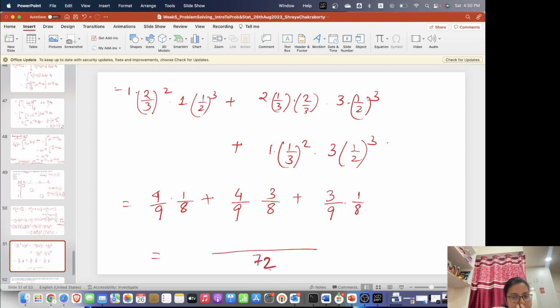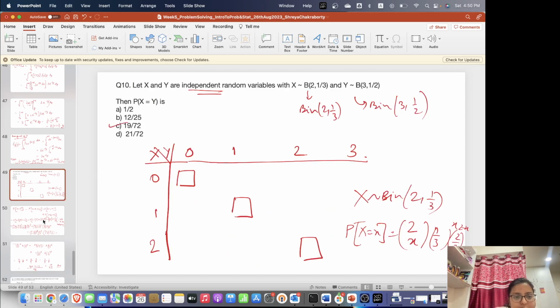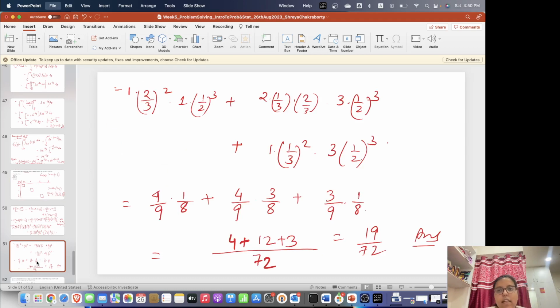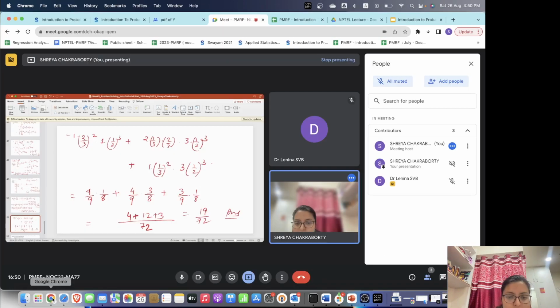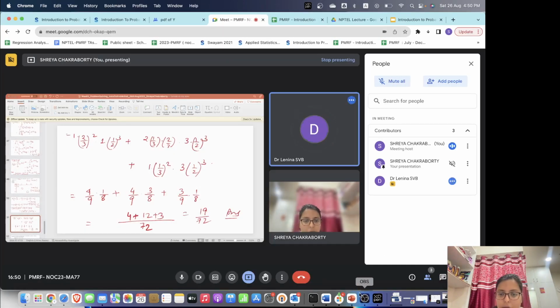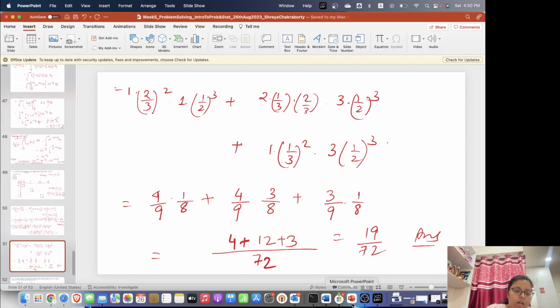So this is 72. We have 4 plus 12 plus 3, that is 19/72 is the answer. Is it clear? Yes. Okay.